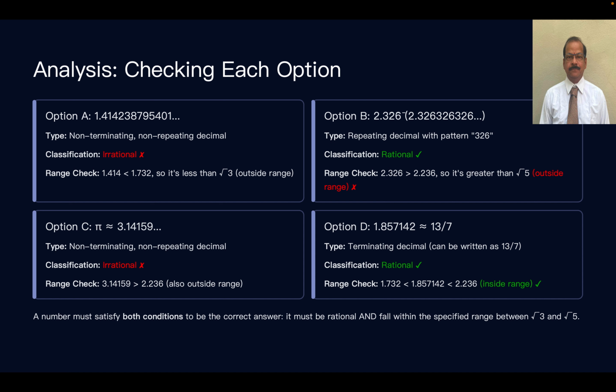The number picked is 2.326, which is definitely greater than root 5, so it falls outside the range. Therefore option B is also ruled out, and the only remaining option is option D. Let us see what value it is: 1.857142.